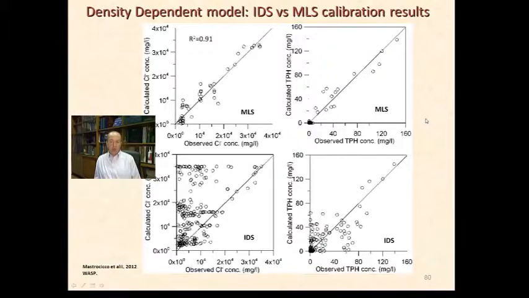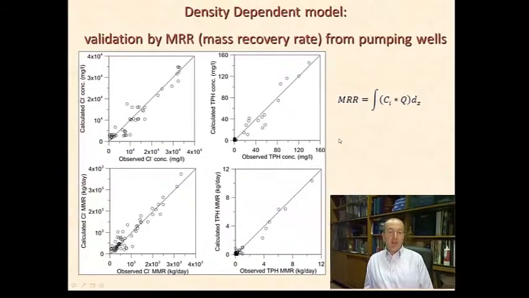To validate this model, you can also use an additional tool. You can evaluate not only the concentration of your contaminants and your chlorides in the aquifer by multi-level sampling, but you have also the pumping wells. If you look at the concentration of your contaminants in the water pumped by the wells, you can refer to that in terms of mass recovery rate, taking into account the concentration at the discharge of the pumping wells.